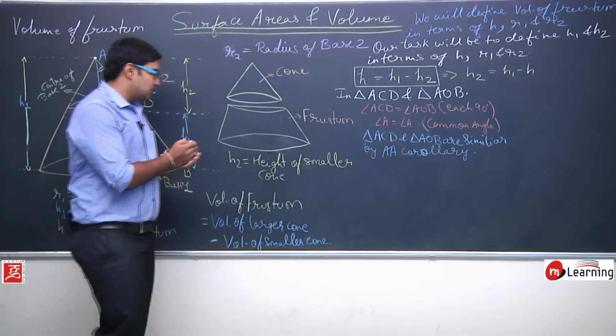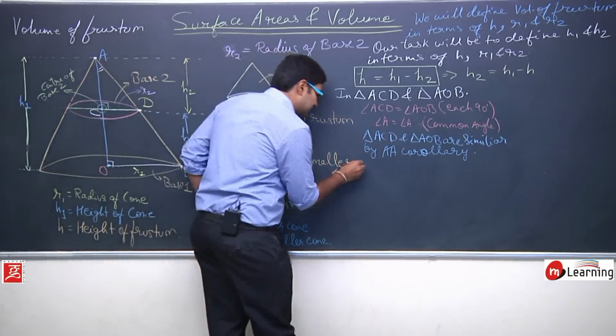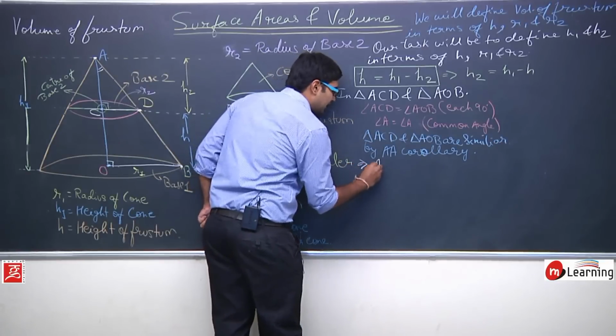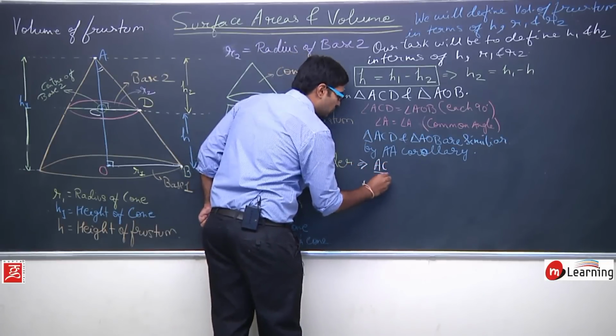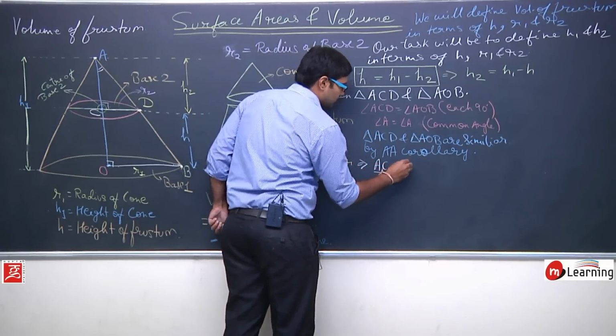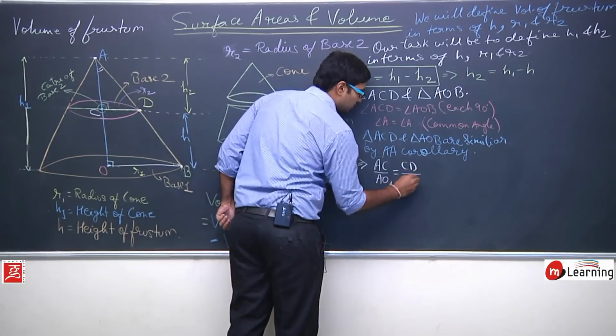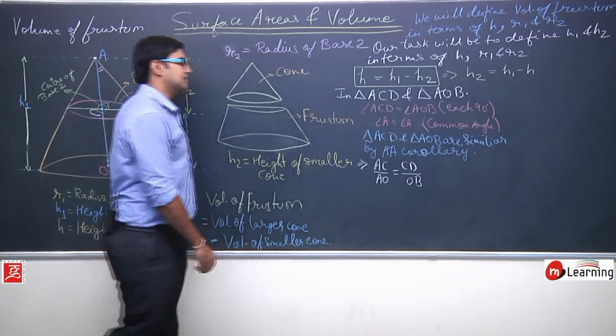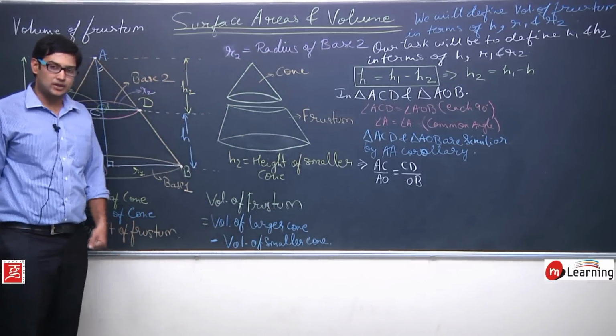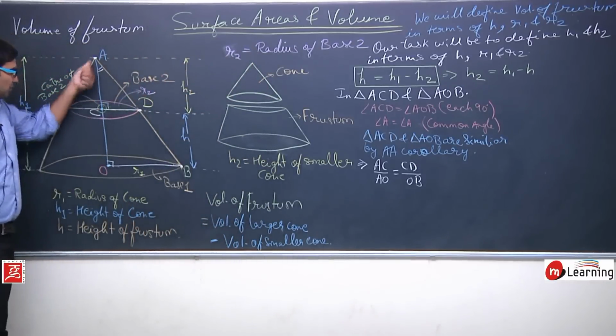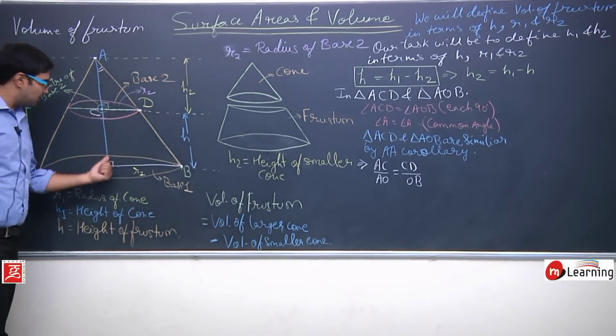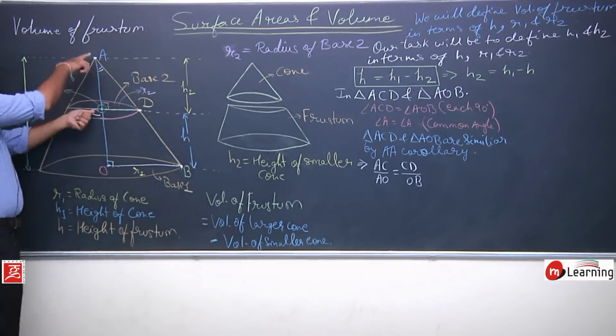So I can write, this implies AC upon AO is equals to CD upon OB. Now what is AC?